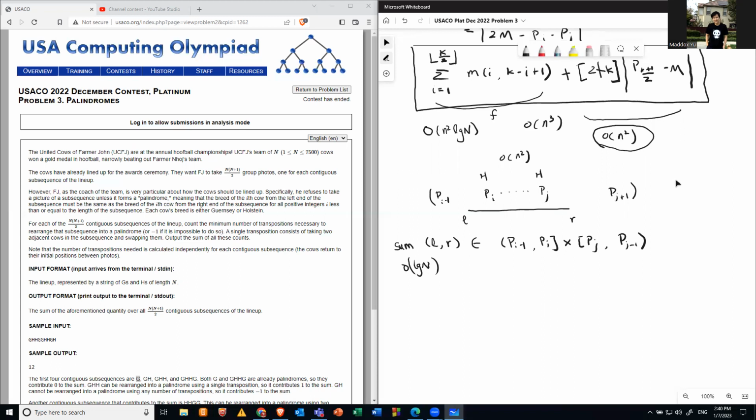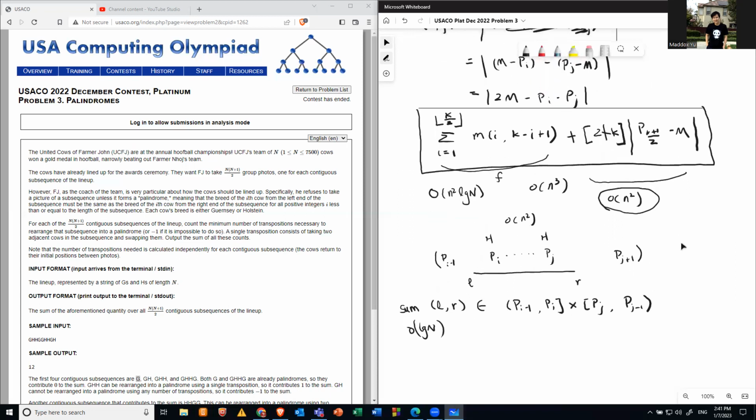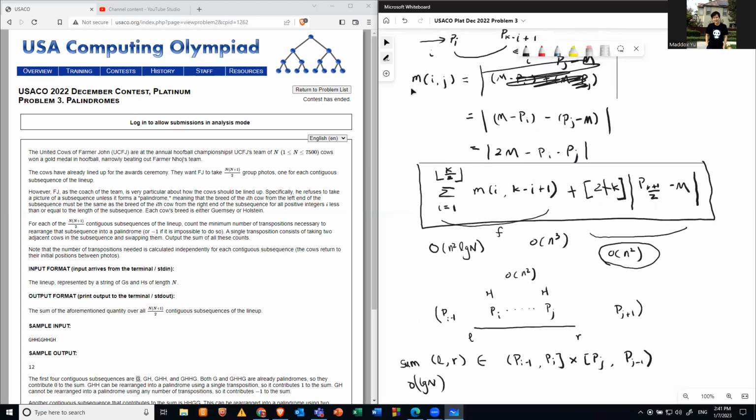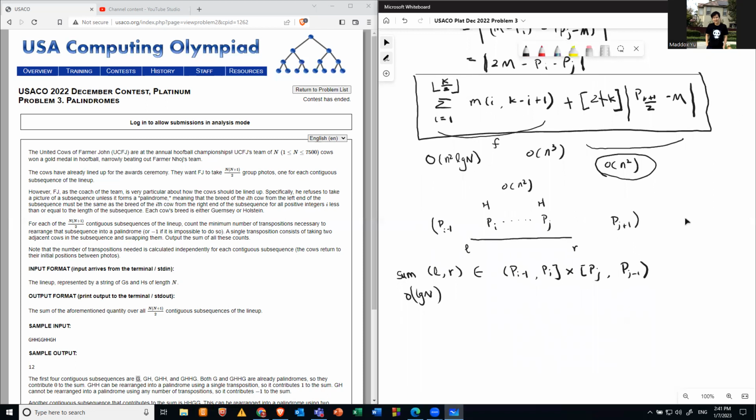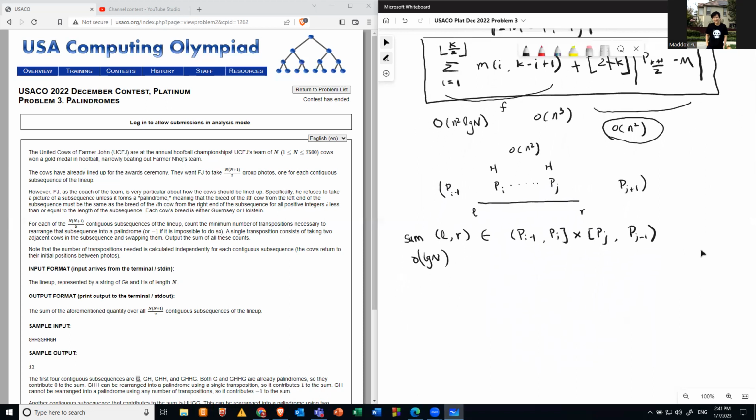The problem for this is, look at this, right? The M of ij function has an absolute value, right? If it doesn't have the absolute value, that's very easy to do, right? It's just do it. That's easy. But it has an absolute value. So here is the issue with this absolute value, right?